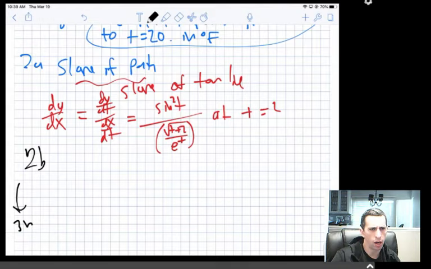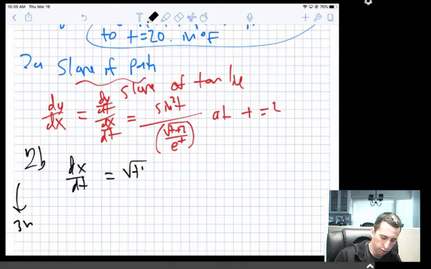Yeah, so for 2B, they give you the dx dt, which is the root of t plus 2, over e to the t.